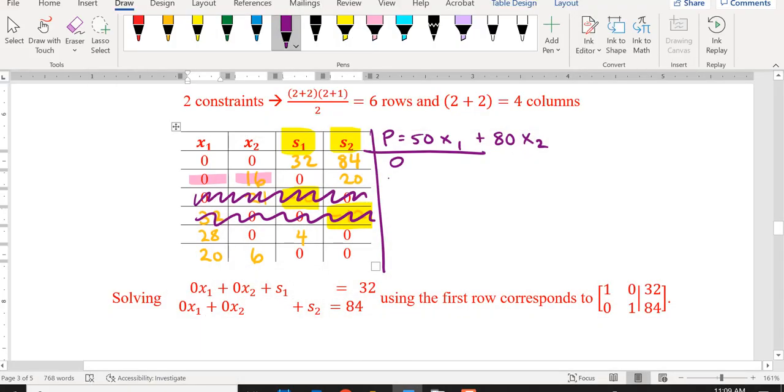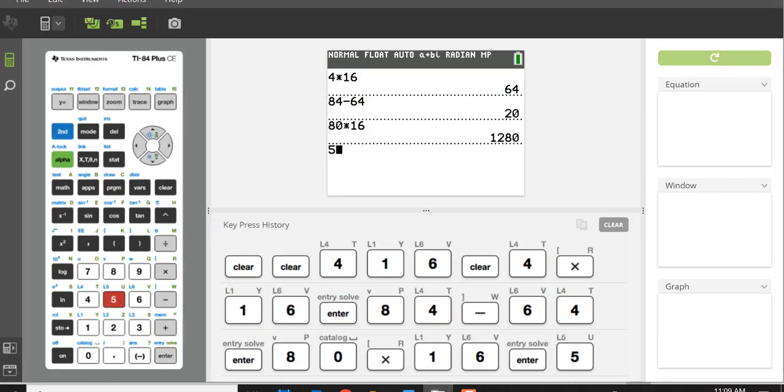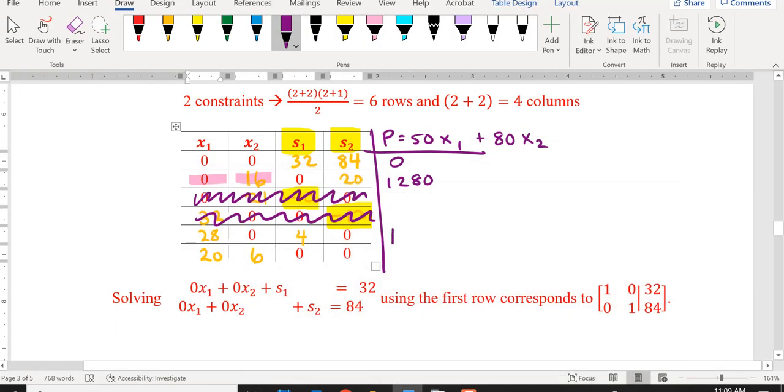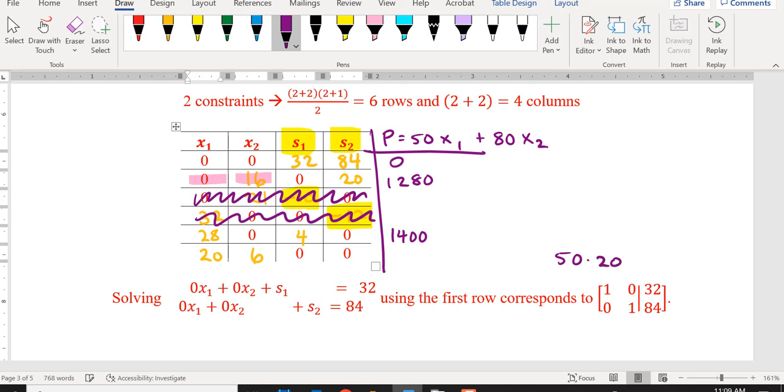Do I need to plug anything in for rows 3 and 4? No, because I had a negative slack variable. For row 5, if I plug in 28 for x1 and 0 for x2, 50 times 28 is 1,400. Then if I plug in 20 for x1 and 6 for x2, I would do 50 times 20 plus 80 times 6.